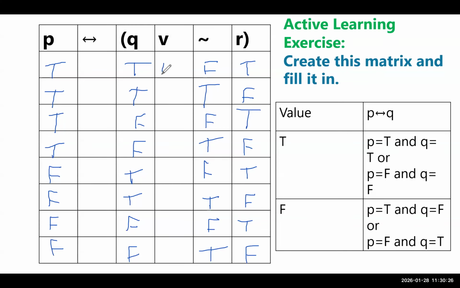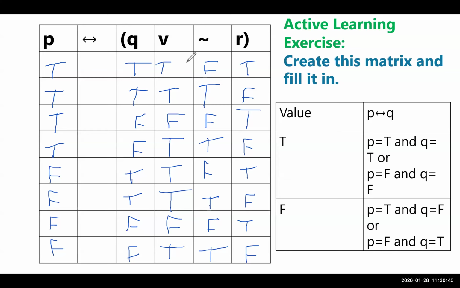So true or false is true. True or true is true. False or false is false. False or true, still true. True or false, true. True or true, true. False or false, false. And false or true, true.